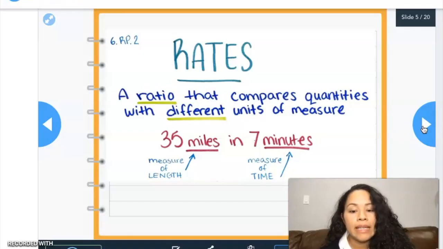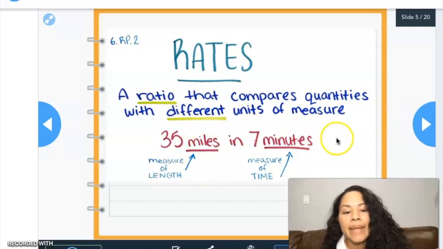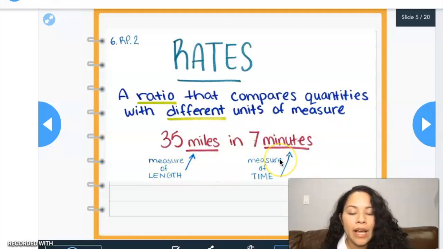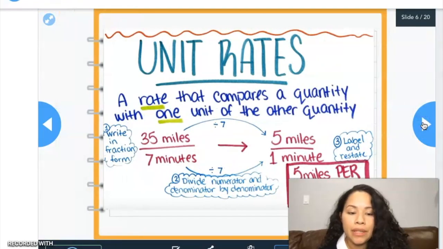Now, a rate is a ratio that compares quantities with different units of measure. For example, 35 miles in 7 minutes, we have 2 different units of measure. In this case, we have length and we have time. Now we need to figure out the unit rate.